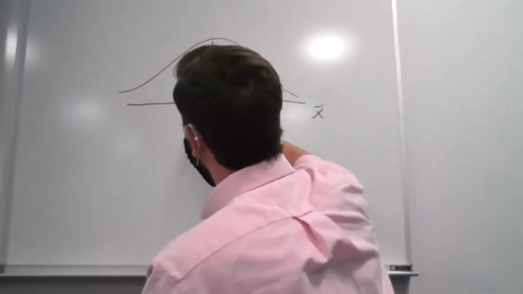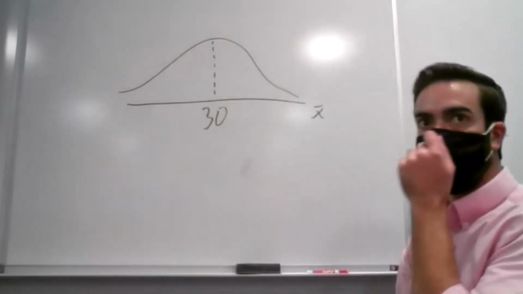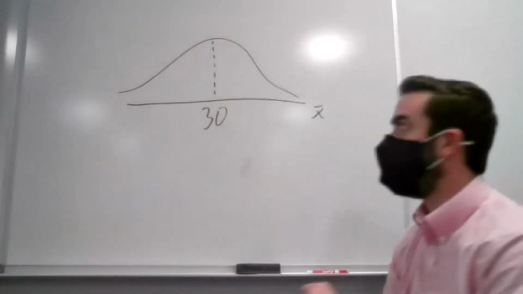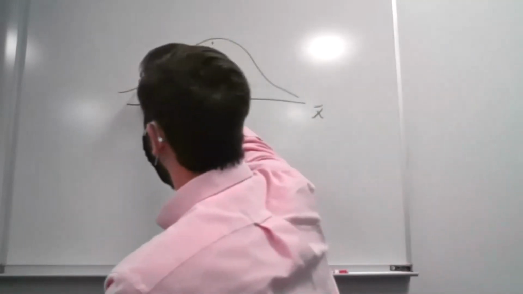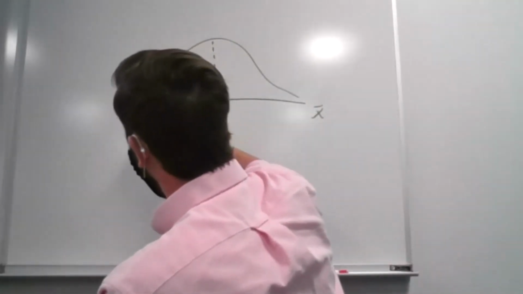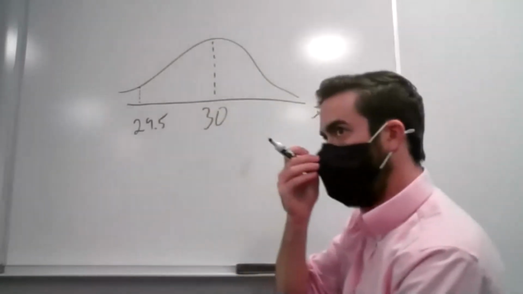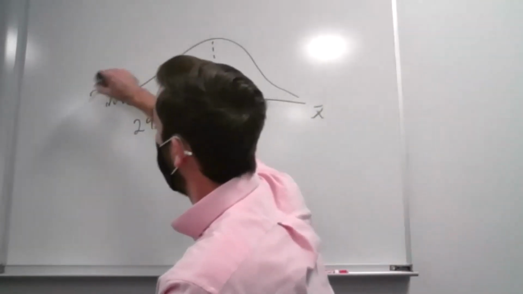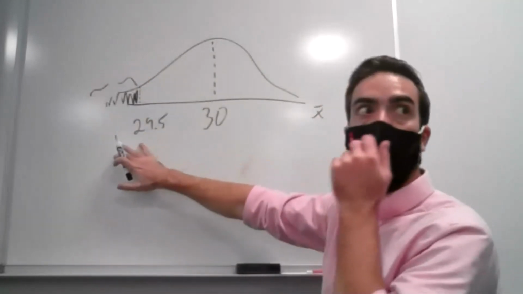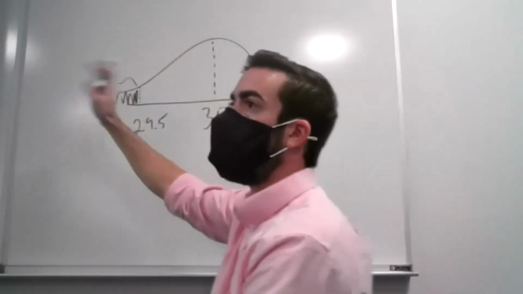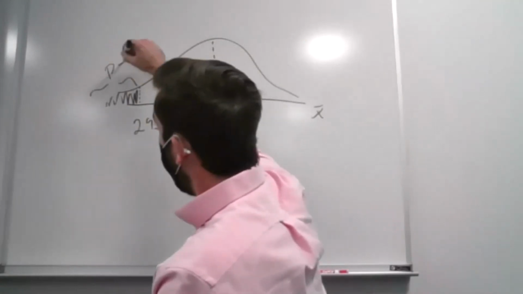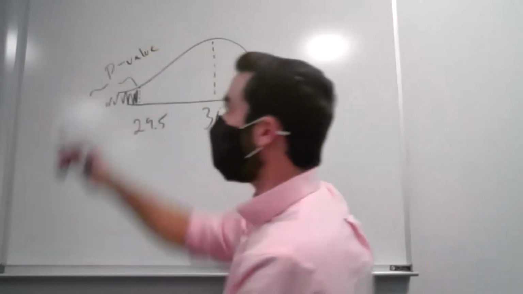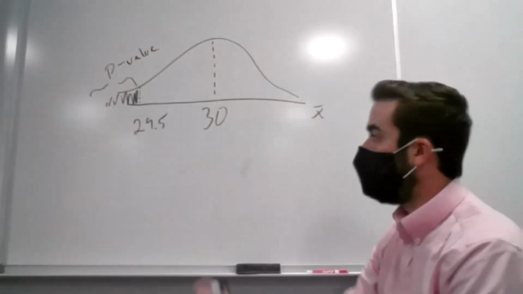I know the distribution of my sample means should be centered around whatever that assumed true population mean is, or it would be if it was true. I found 29.5 as my sample mean. For a left-tailed test, I want the probability that I saw something that far below the assumed true mean, or anything even further away. That probability is my p-value.